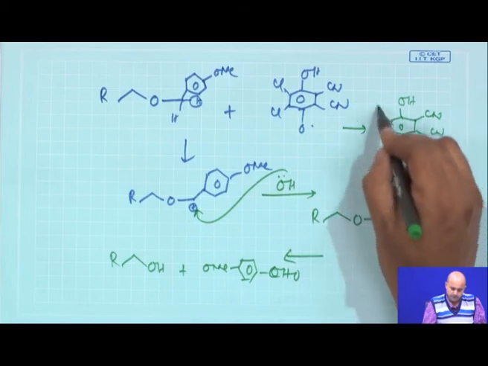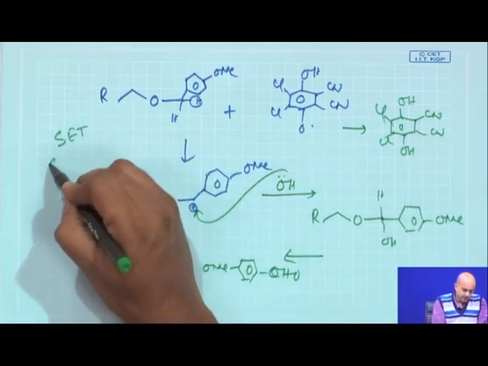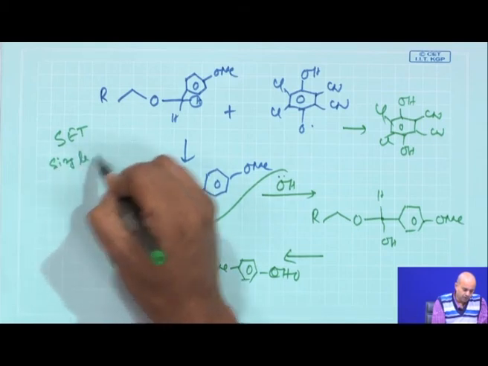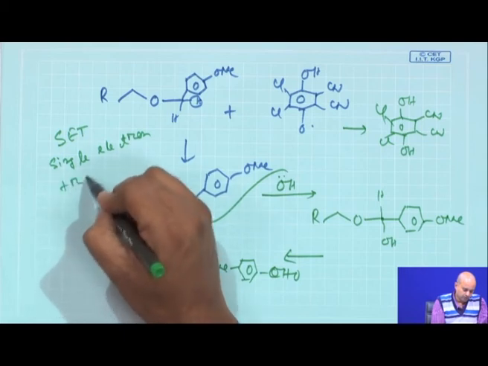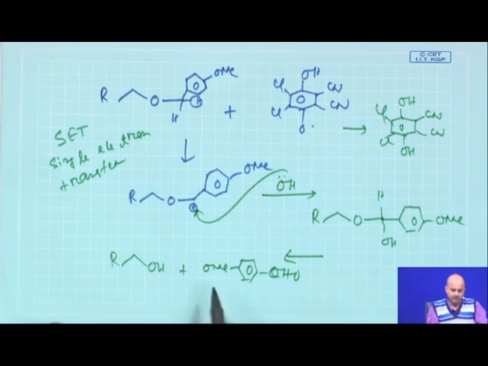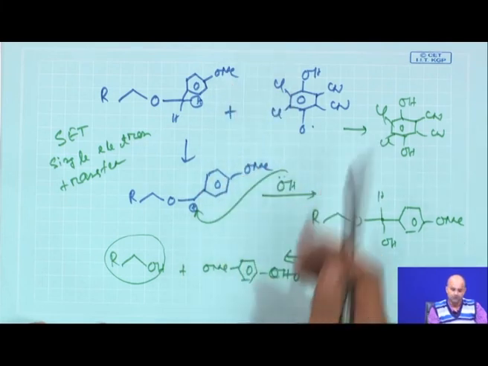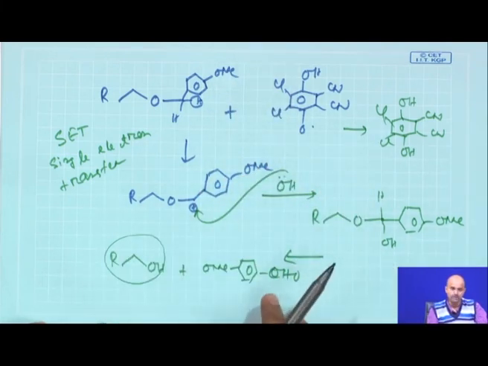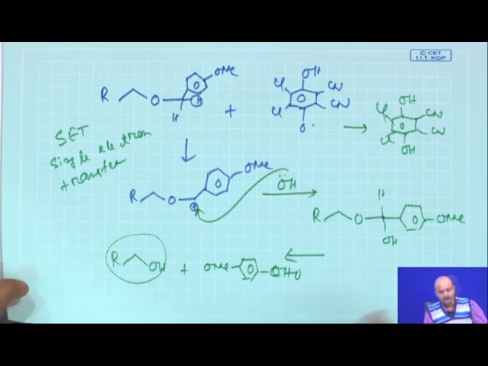So, this is a nice SET reaction. SET means a single electron transfer mechanism takes place, and the driving force is the presence of this 4-methoxy group, which helps the selective removal of PMB in the presence of benzyl. In some cases, DDQ also removes benzyl under very harsh conditions.